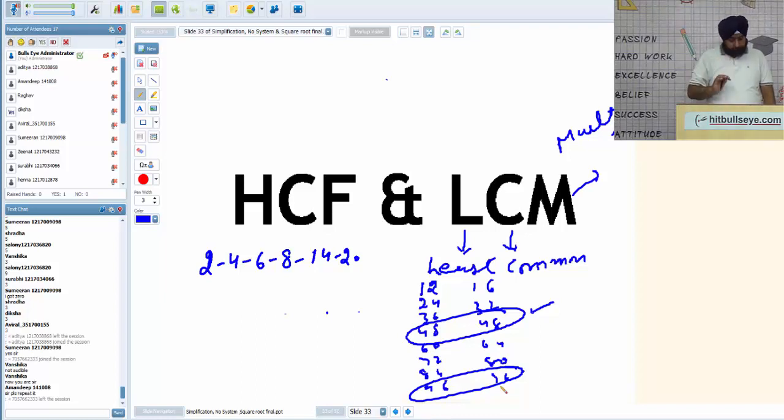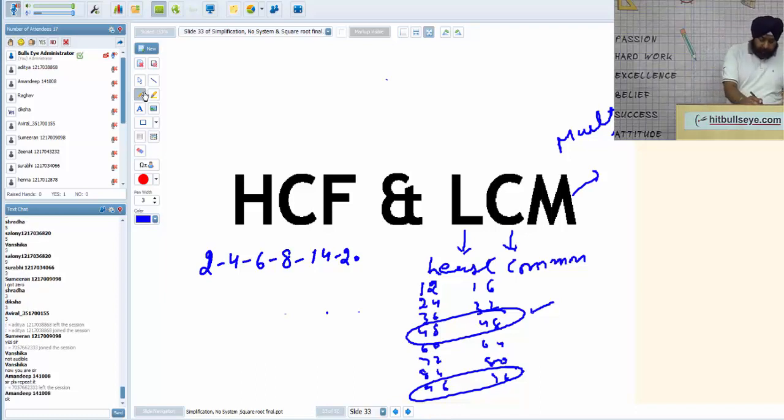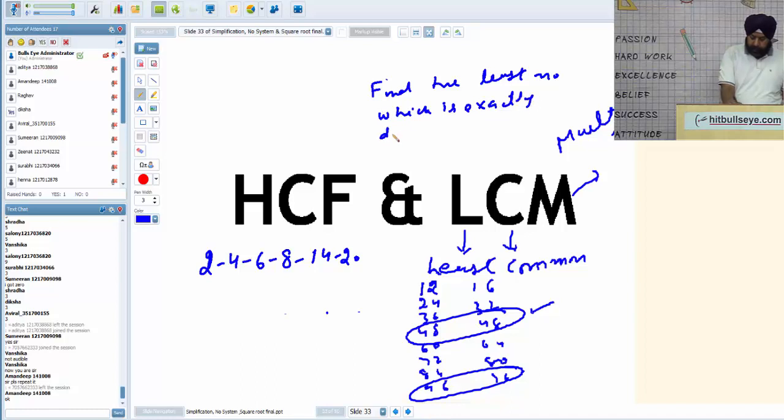This is the concept. So the statement would have been, like in HCF, find the greatest number that divides both exactly. Here the statement would be: find the least number which is exactly divisible by both 12 and 16.